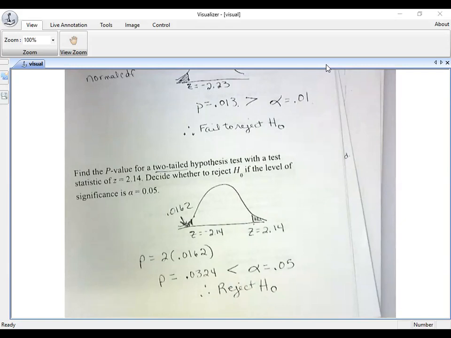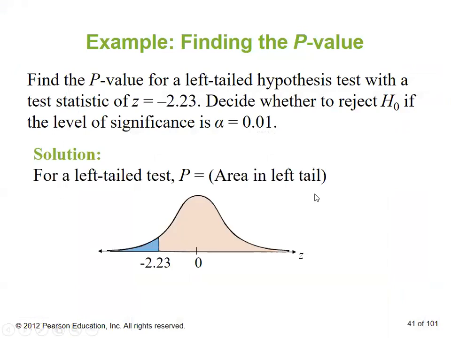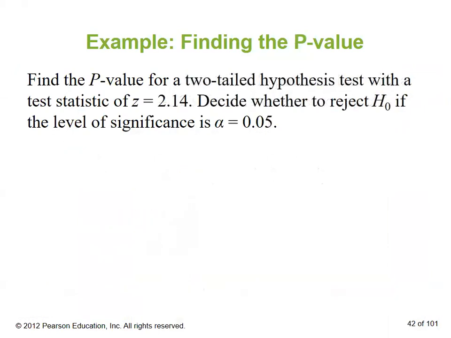Let's go back. Pick up the slideshow. We'll just verify we've done everything right. All right. So on our first one, we did get 0.0. Well, they left 4 places. We rounded to 0.013. That was more than enough to see that it was actually greater than 0.01. So we failed to reject.